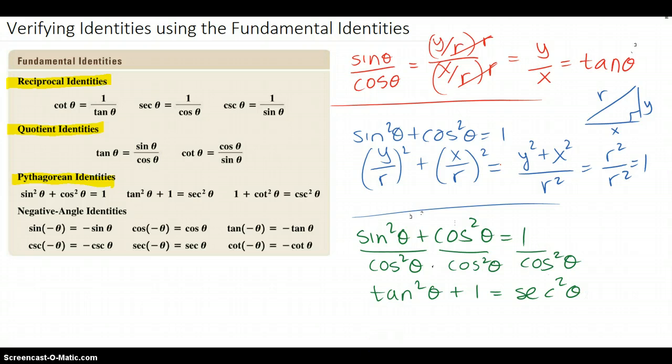Since sine over cosine is tangent, cosine squared over cosine squared is 1, and 1 over cosine is secant, so 1 over cosine squared is secant squared. And then you would have the second one.